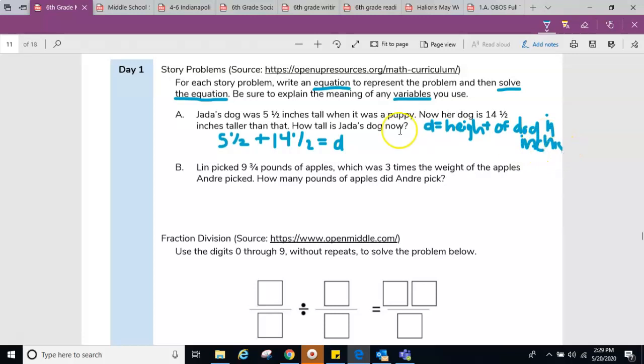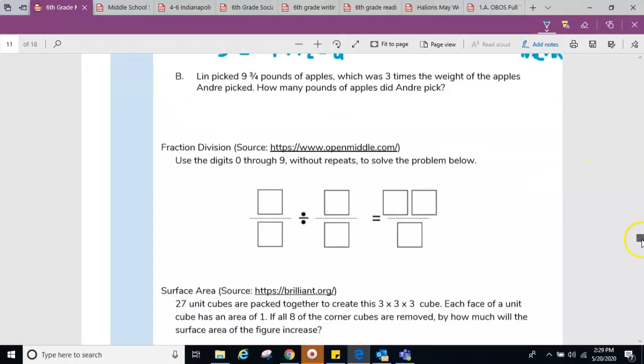Okay? And then you're going to go solve it. And you're going to do the same thing for B. Make sure you write what the variable you use represents.